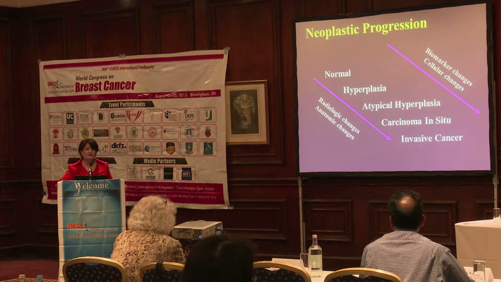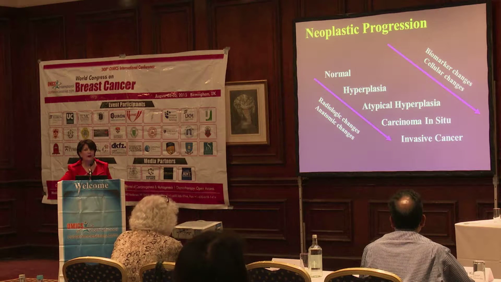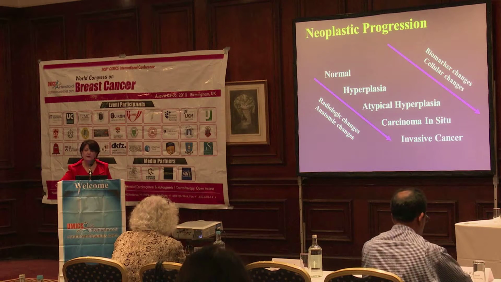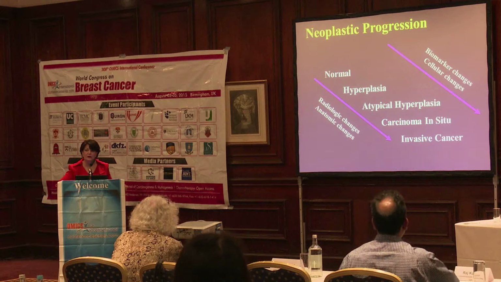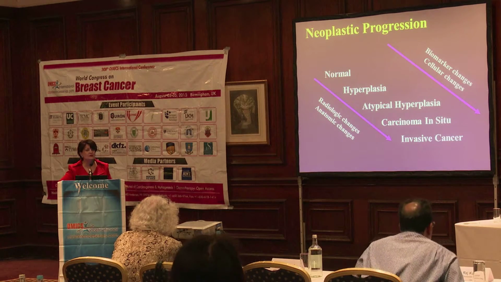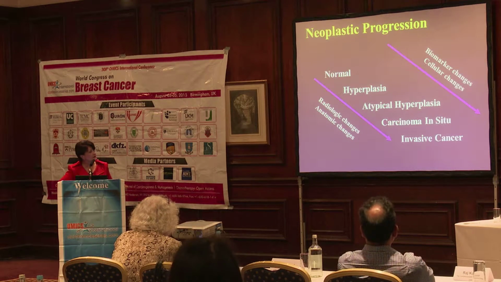For a breast cancer to be palpable clinically, or for us to find it by breast imaging, there are significant biological, cellular and molecular changes that occur in that individual cell.